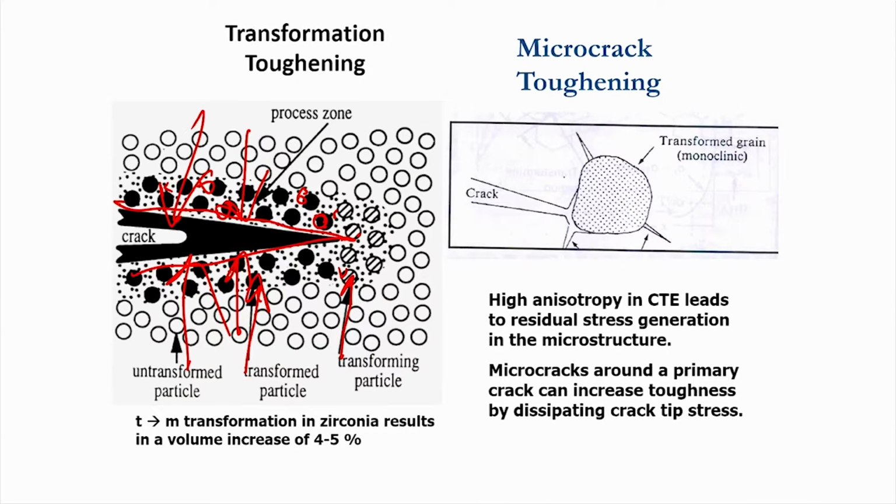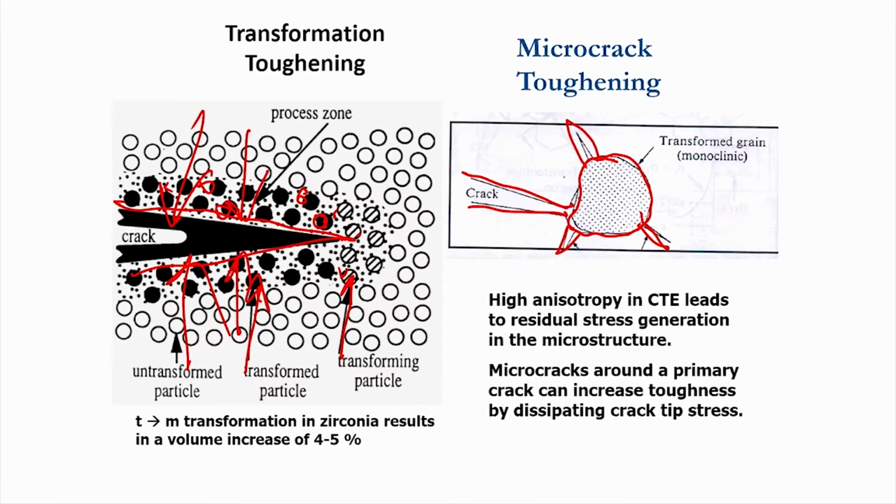that as a result of the tetragonal to monoclinic phase transformation around the crack tip, one can realize higher fracture toughness in these materials. Another thing is that you have a primary crack tip, and at the tip of the primary crack, if a tetragonal zirconia grain transforms to monoclinic zirconia, it can potentially lead to microcracks from the edge of the transformed monoclinic zirconia.